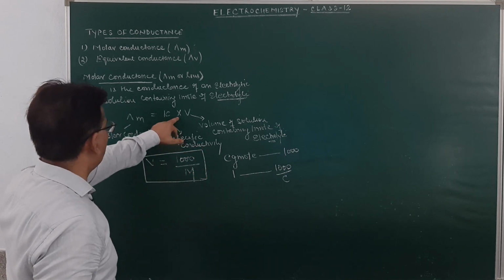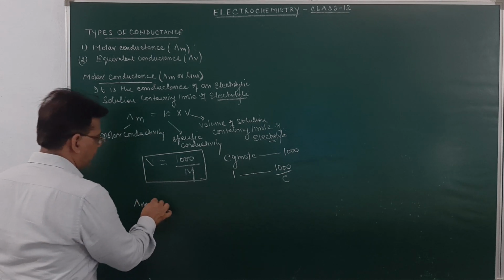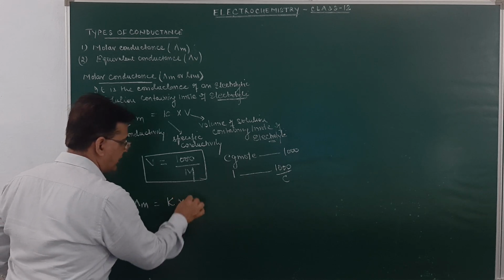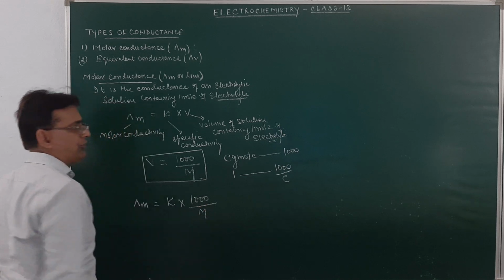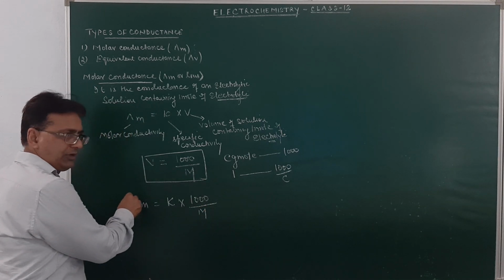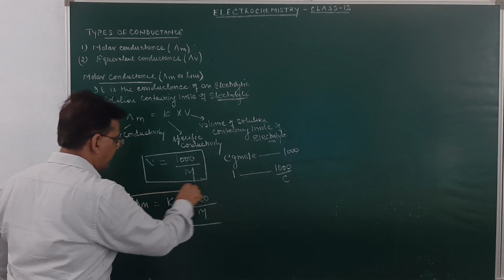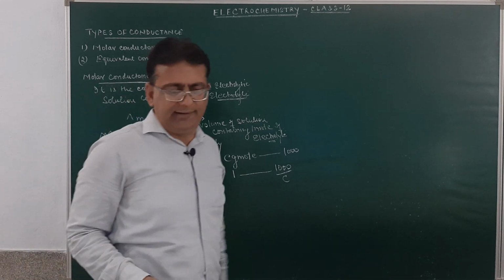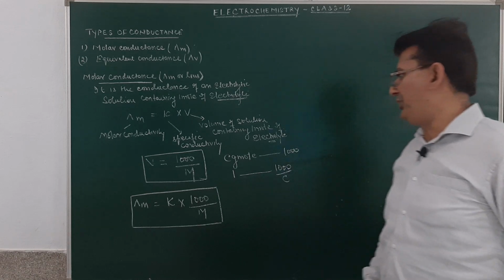If I put this value over here, the molar conductivity will be equal to kappa, the specific conductance, into 1000 upon molarity of the solution. Am I clear? Molarity is the number of moles of electrolyte present in a liter of the solution.